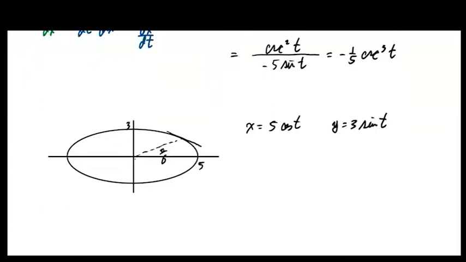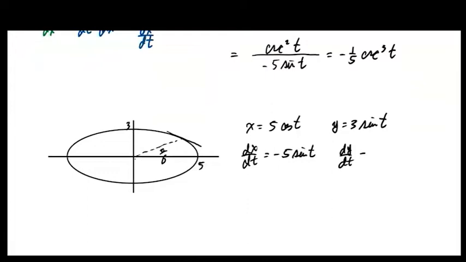Then dx over dt is exactly same as before, negative 5 sine t, and dy over dt is 3 cosine t. So dy over dx is this time negative 3 over 5 cotangent t.